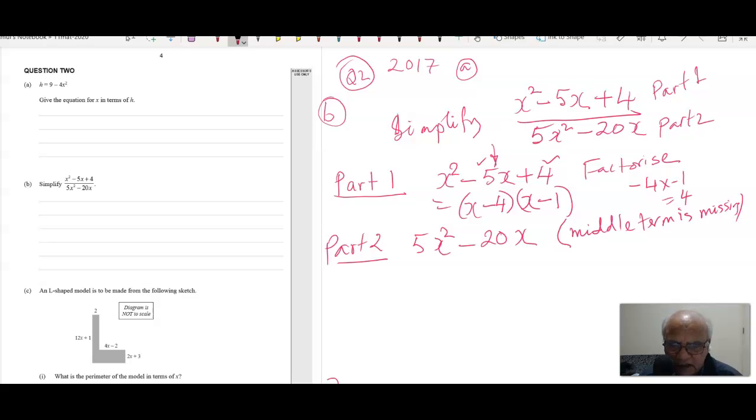Okay, and the common factor will be 5x. 5 goes into both 5 and 20, and there is a common letter in both terms.